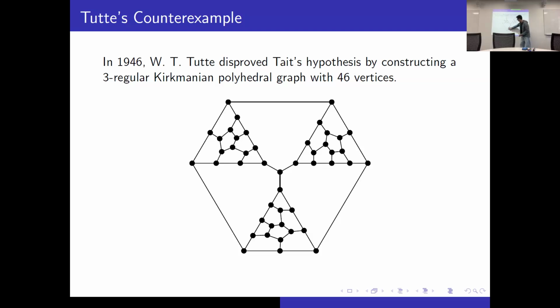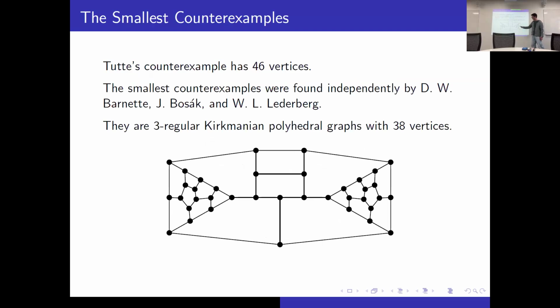So you must use this exit or entry, which means that to visit all vertices, you must go to this vertex 3 times. So it is not a Hamilton cycle. That is the strategy of this construction.